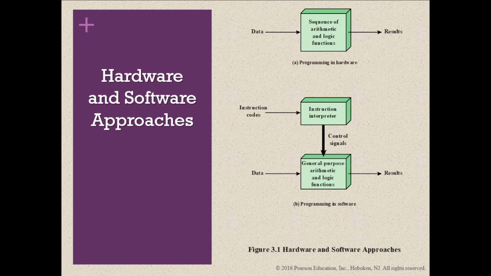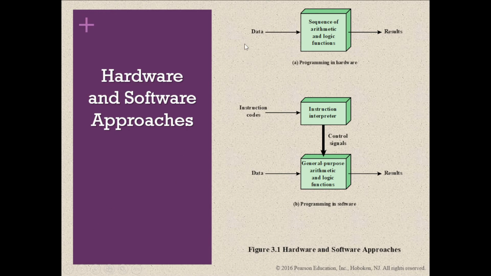Now consider this alternative, as already discussed in the previous slide about hardwired programming. Suppose we construct a general purpose configuration of arithmetic and logic functions. This set of hardware will perform various functions on data depending on control signals applied to the hardware. In the original case of customized hardware, the system accepts data and produces results, as is simple with 3.1a.